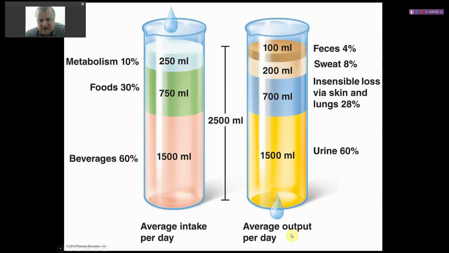And average output per day, approximately 1.5 liters. We excreted with urine, also 700 milliliters accessible loss via skin and lungs, and with sweat the output per day approximately 200 milliliters, and with feces approximately 100 milliliters.